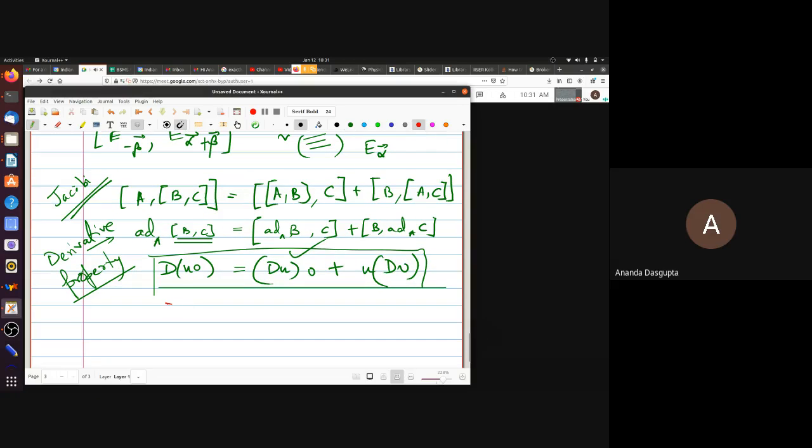You already knew this for the ordinary product. You knew that this will work. Hopefully everybody remembers this, and you have used this often enough. This is, of course, telling you that the commutator has the derivative property. It's just another fancy way of looking at it. The same result. It's nothing new. This is just something which follows from the definition of the derivative of the commutator. This follows from the Jacobi identity immediately.